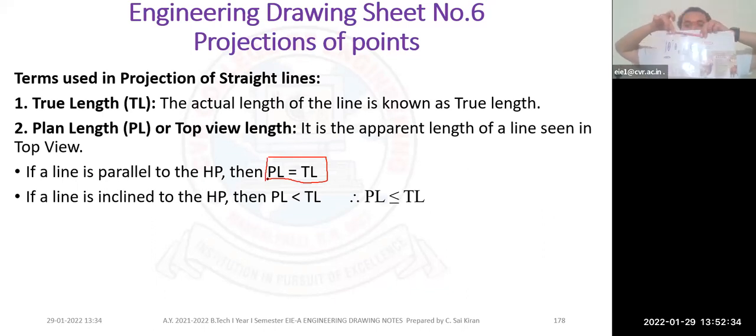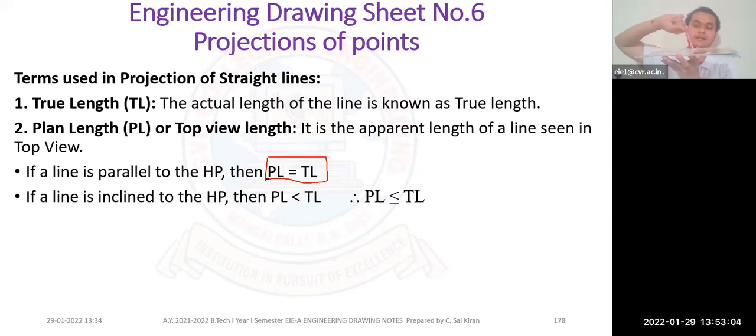And whenever it has any inclination, including 90 degrees inclination, it is perpendicular. Whenever it is perpendicular, or if I give any angle such as 1 degree, 2 degrees, 3 degrees, then the length will reduce. So this is my true length, 100 mm. If I rotate 10 degrees, 10 mm is reduced.